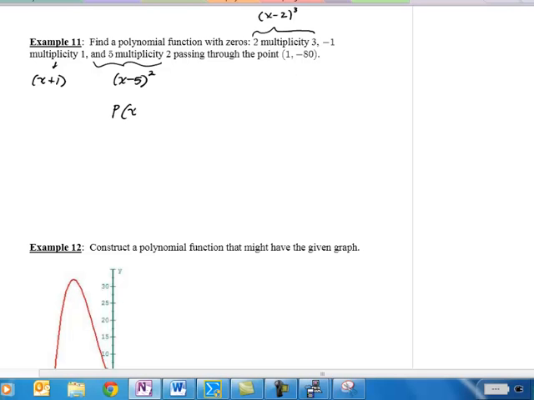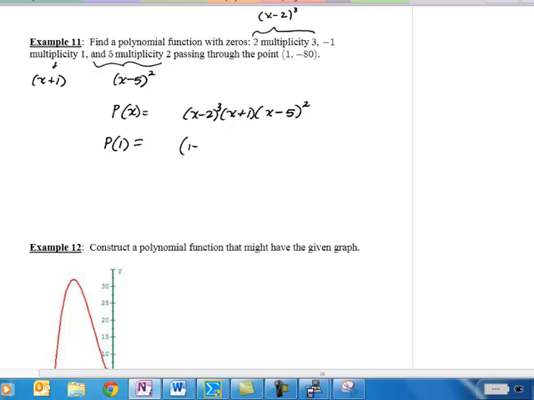So let's get started with at least the factors that we know. So (x - 2) cubed, (x + 1) to the 1, (x - 5) squared. And then it's asking us to make sure that p of 1 is negative 80. So let's put in what p of 1 so far would be.